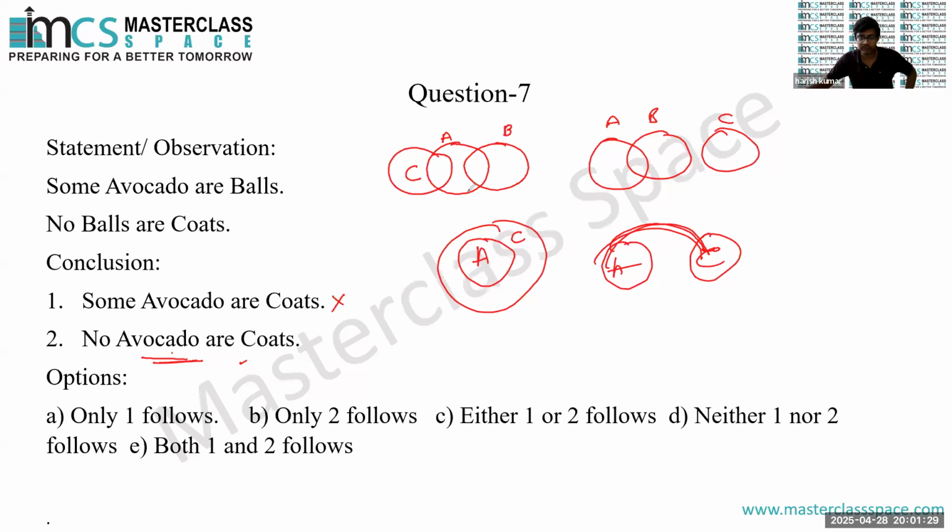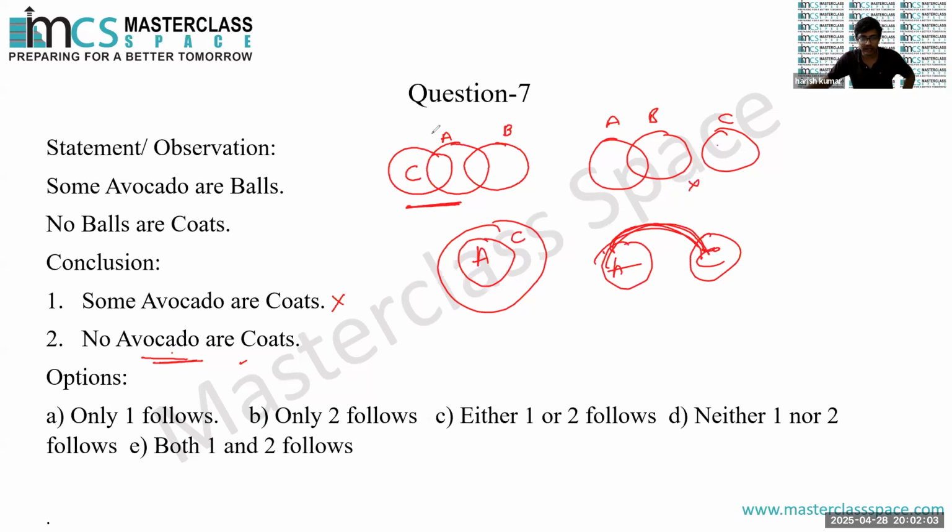No avocado is a code means avocado should not come inside codes, or we can consider it like this as well: there must be no avocado which is a code. So in this case, it is false, because here no avocado is a code.